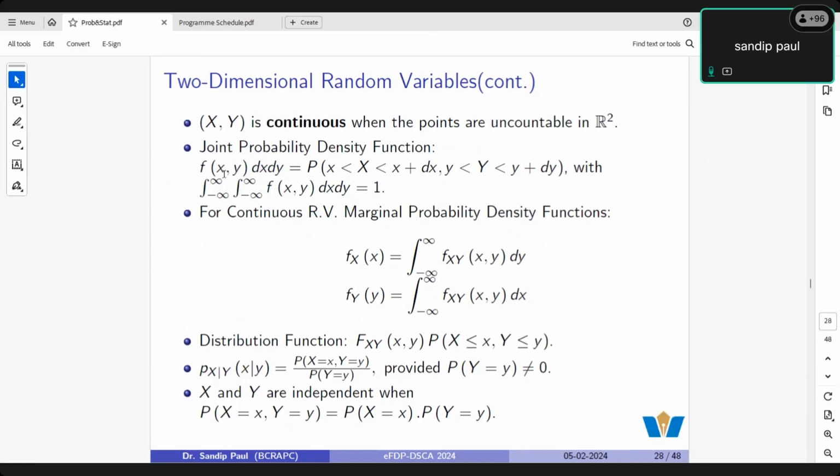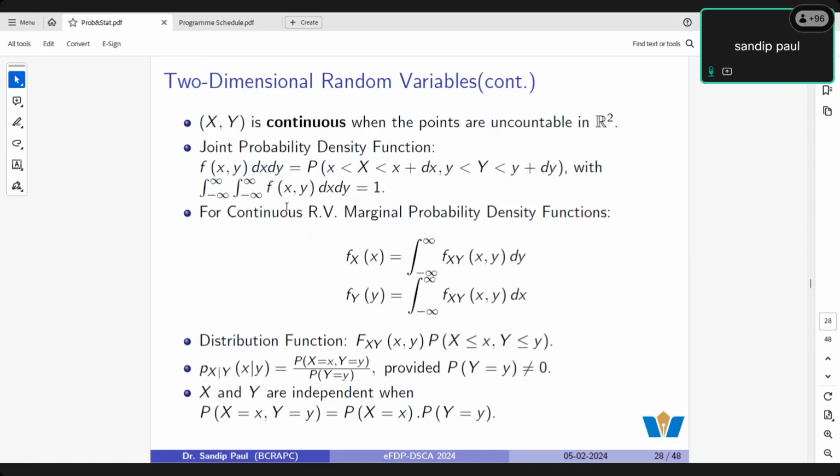And into the area dx into dy, it is the probability of the random variable lying in between x and x plus dx, and y and y plus dy. So you can find the limiting value so that you can get the function fxy.